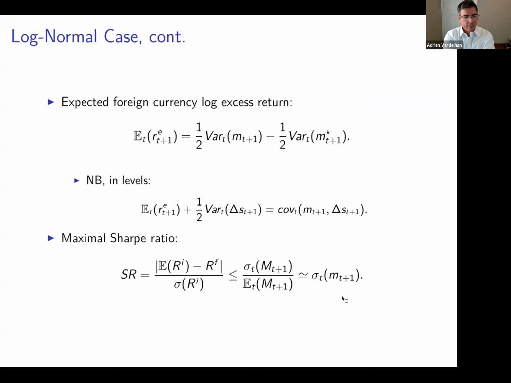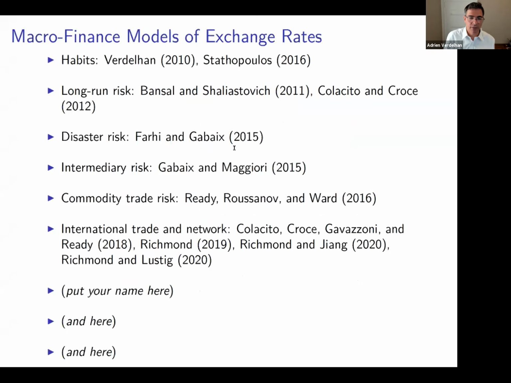It has to be. We need big Sharpe ratios. Stochastic factors have to be volatile. And the second thing you see, I say it again because it's important, we need large differences across countries. Because if the stochastic factor is as volatile in the US as in the UK, you're not going to get any kind of excess return. Right? So these are kind of simple conditions that we need to satisfy.